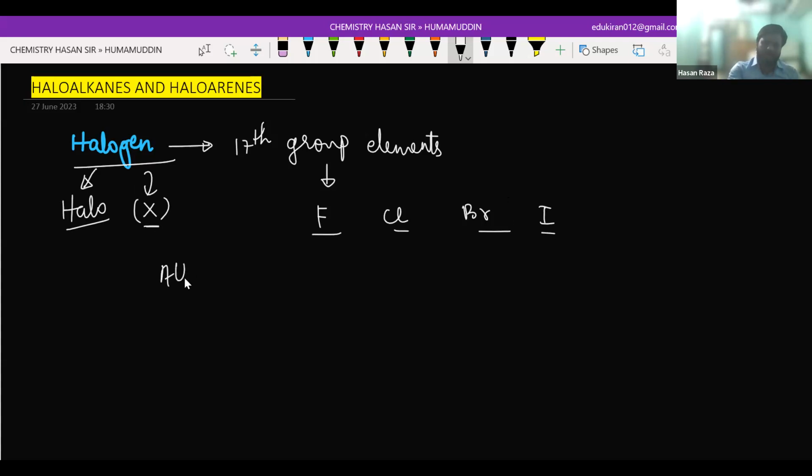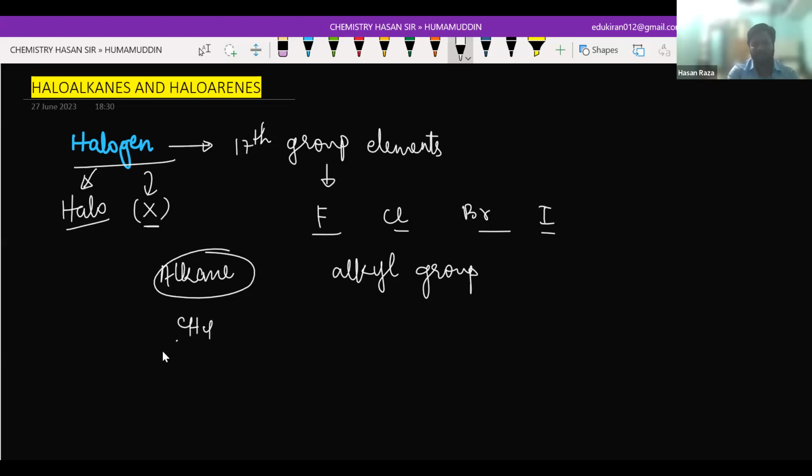Now, I think you are aware of alkane, alkene, alkyne from the previous class 11th as well as 10th, which is hydrocarbon, alkane, or we say alkyl group. What is the difference? If I write CH4, one carbon is called meth, and CH4 is called methane.